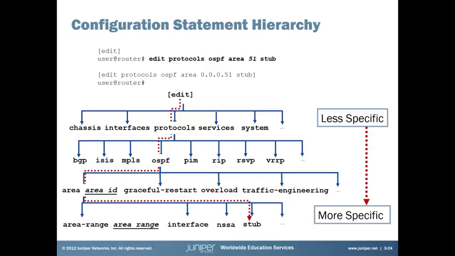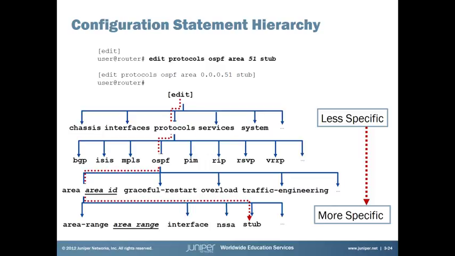There was a command called change directory, which used to change you around different parts of the hierarchy, a bit like that. So if I was to go edit interfaces, boom, I'm now operating at the interfaces level. Anything I write at that point, I'm now configuring anything under the interfaces hierarchy. If I was to go edit protocols, for example, I'm at the protocols level.